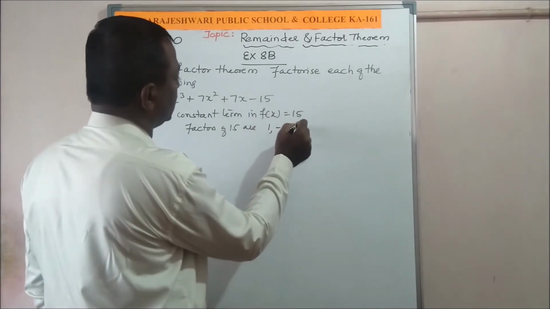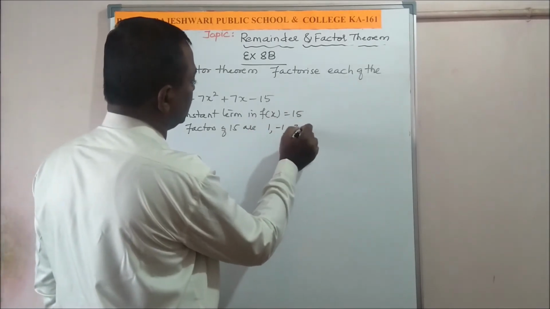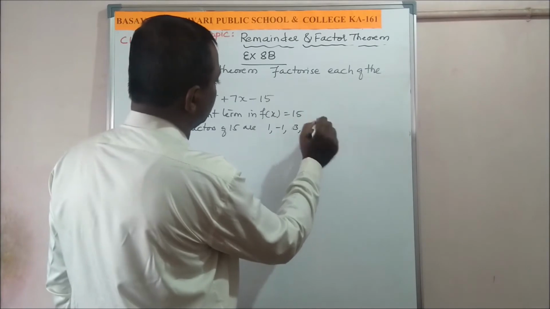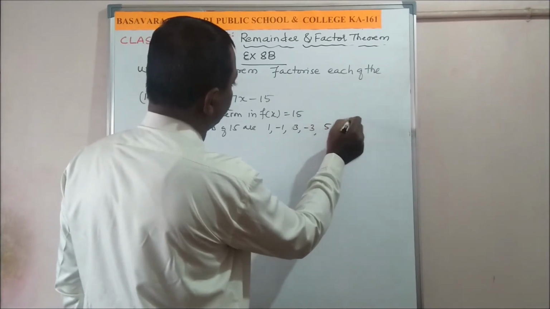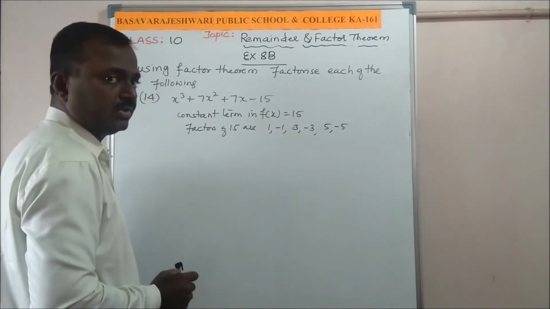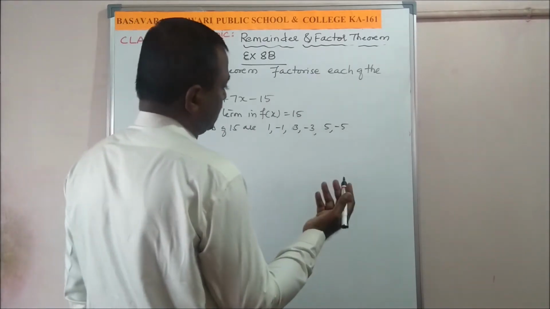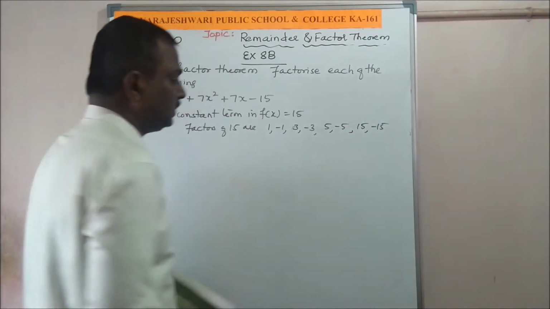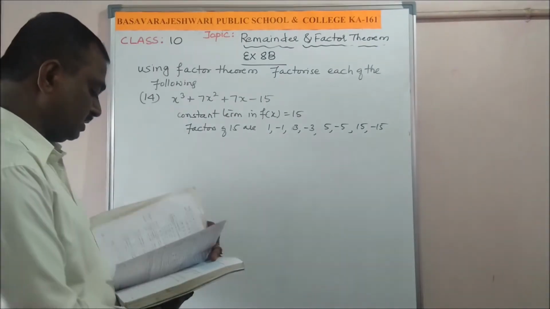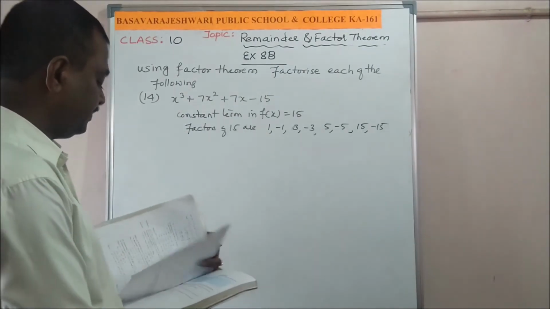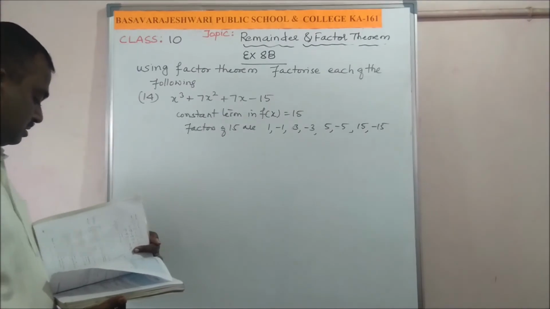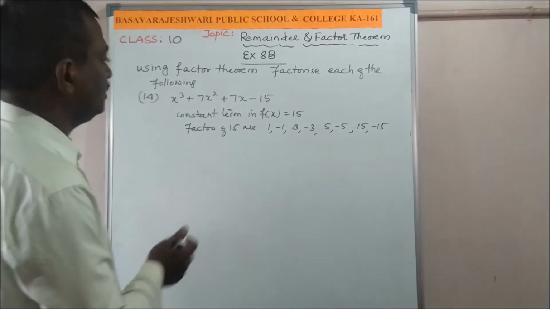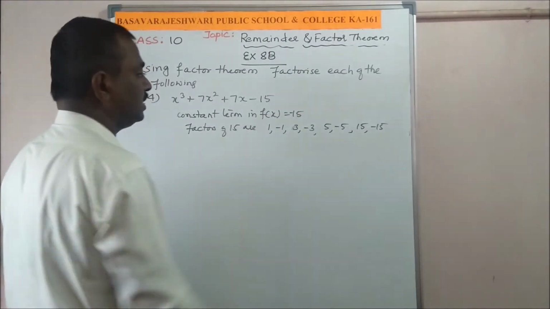1, minus 1, 2 it will not go, 3, minus 3, 4 it will not go, 5, minus 5, correct? That is 15, and 15, minus 15, okay.